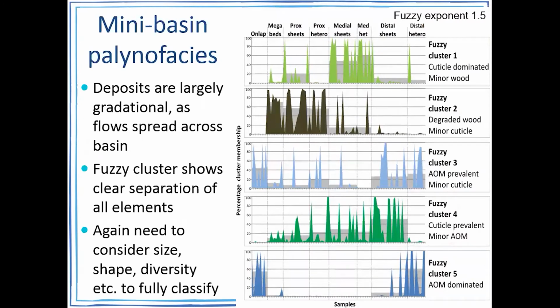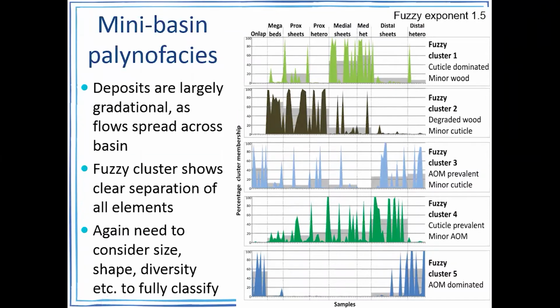Here the deposits were very gradational, likely as the flows spread across the basin. So again, it was appropriate to use our fuzzy cluster analysis, from which we can again get quite a clear distinction of our various depositional environments based upon their organic matter.